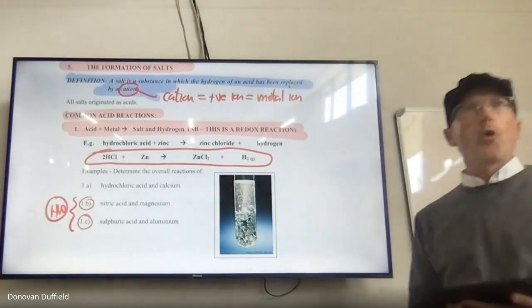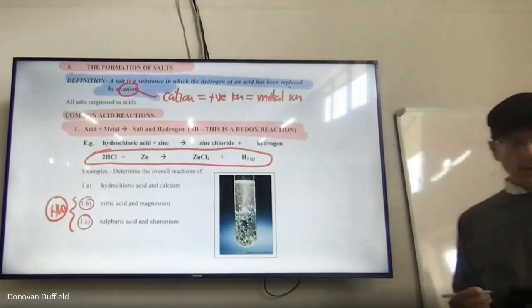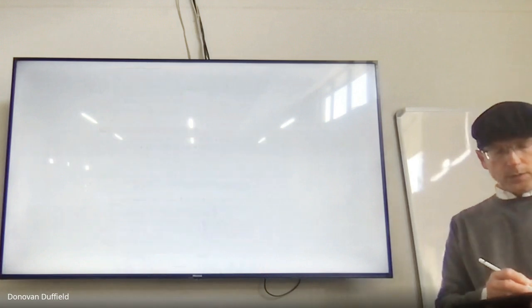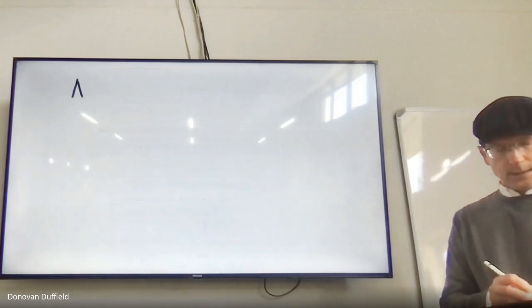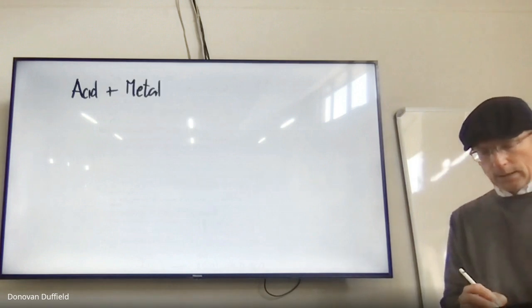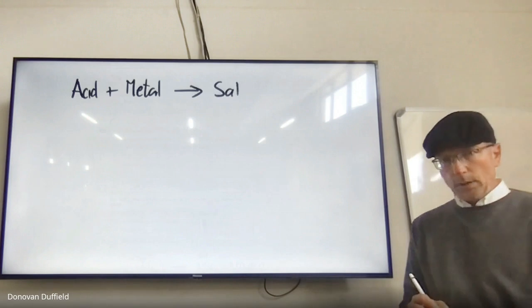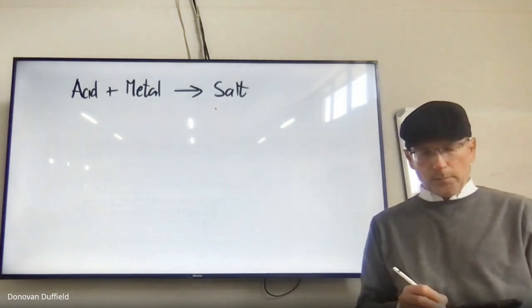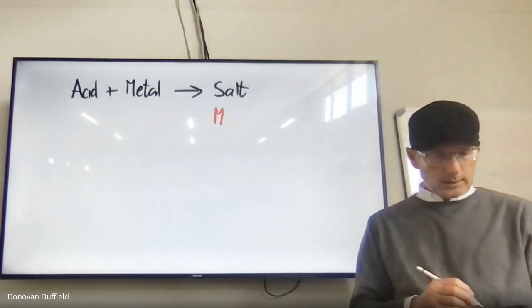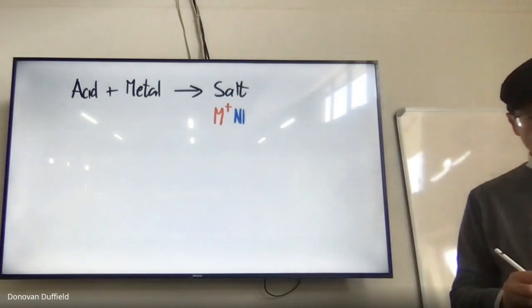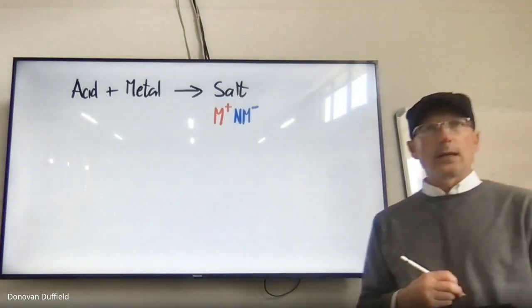We looked at four basic types of reactions. Let me just recap. Right, we have an acid plus a metal produces a salt. And remember, a salt basically consists of a metal ion, which is normally positive, and a non-metal ion, which is negative.